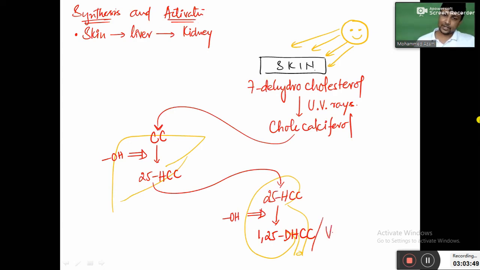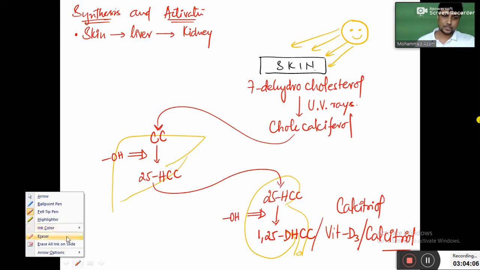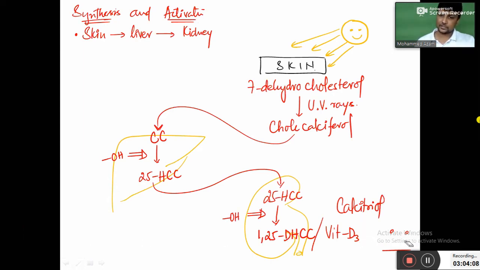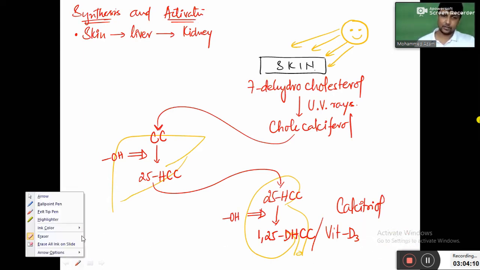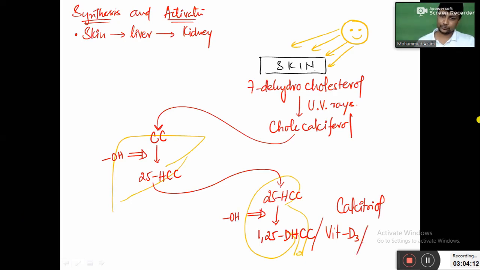It is the one which is the active form of vitamin D in our body, vitamin D3, and this is also called calcitriol. Vitamin D3, I am writing here again, is also known as calcitriol. So that's all, sir. These are the 3 reactions, and by these 3 reactions vitamin D will be synthesized.